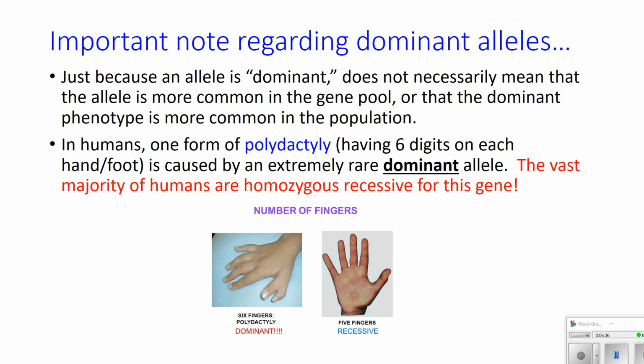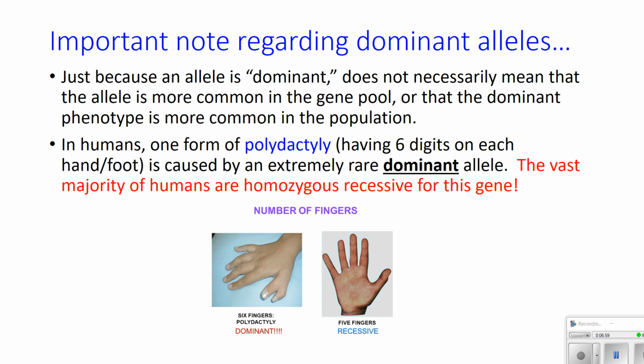And in one sense, that kind of makes sense, because remember, the only way we ever see the recessive phenotype is if the individual has 2 copies of the recessive allele. You have to be homozygous recessive to show the recessive trait. So it seems like that should be rare.